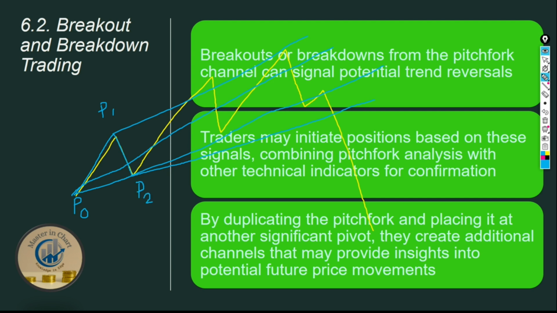The connecting line between P0, P1 and P2 is called the Hagopian line. So this can also be a good entry point. This is also an entry point, but this has a second confirmation.